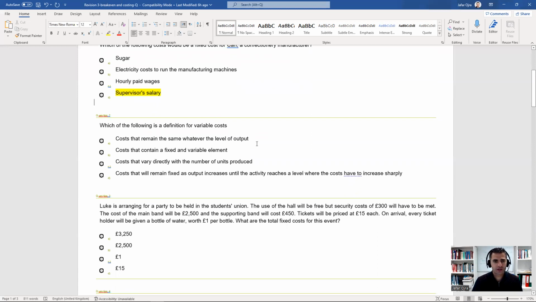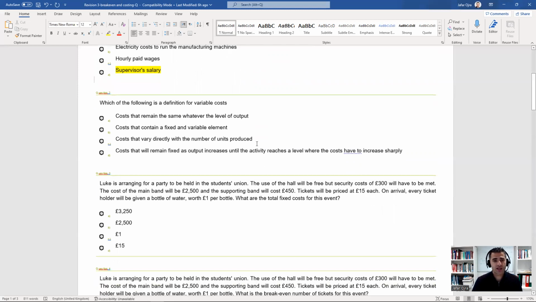Which of the following is a definition for a variable cost? Variable costs do change with the production change. So these are the costs that vary directly with the number of units produced. As I mentioned, total fixed costs do not change with the production change.